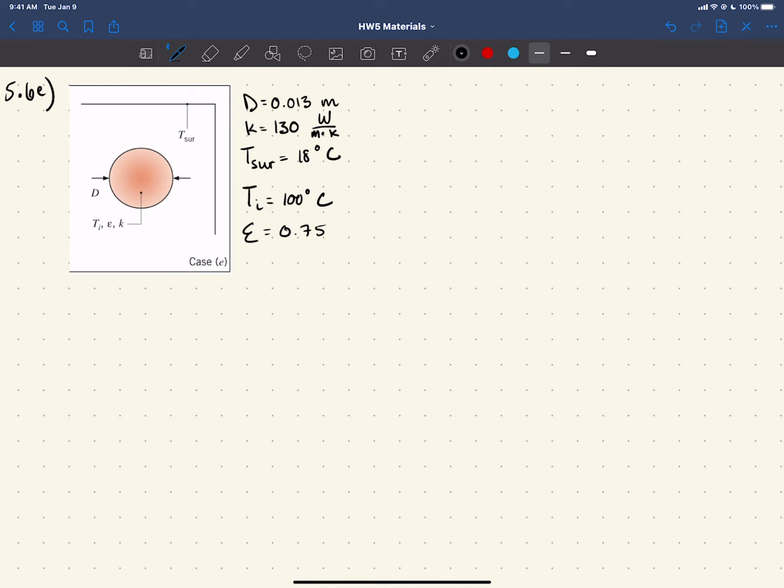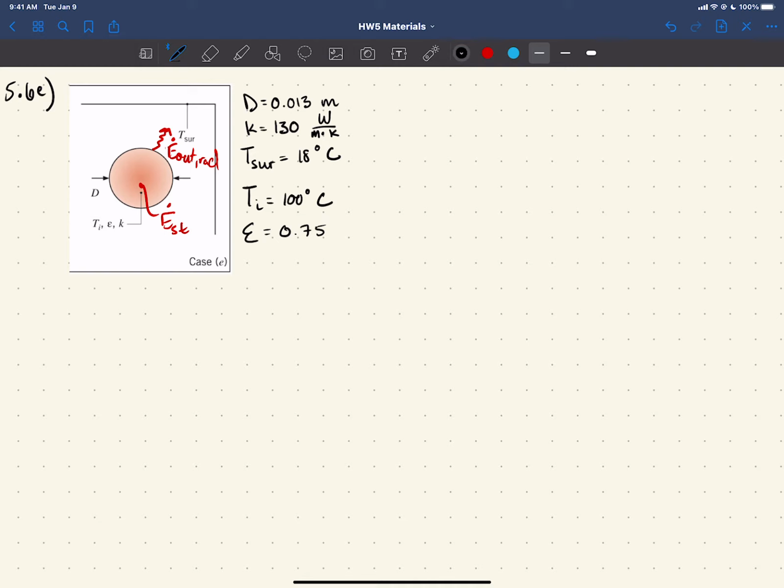Now this one's funky because it's in an oven and you're given a surroundings temperature and an emissivity. So we're dealing with radiation, no convection. There's some energy stored, and it's E dot out due to radiation rather than convection.